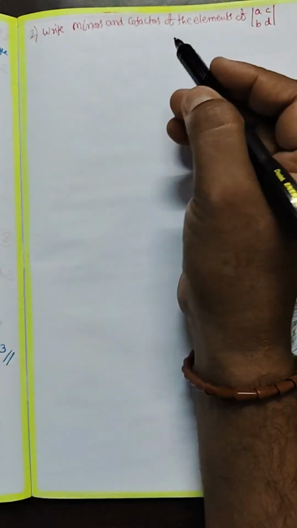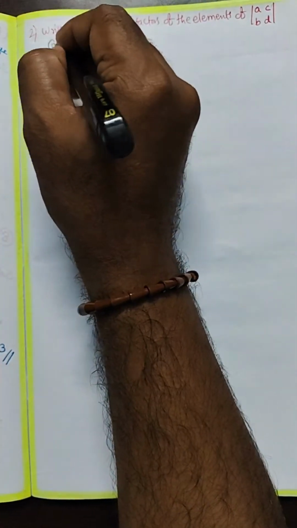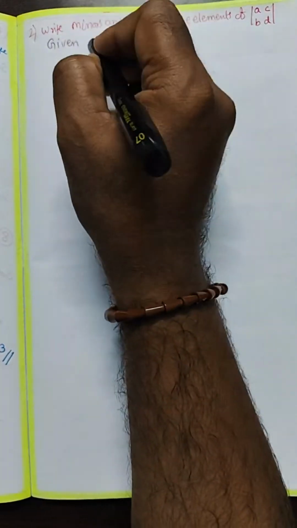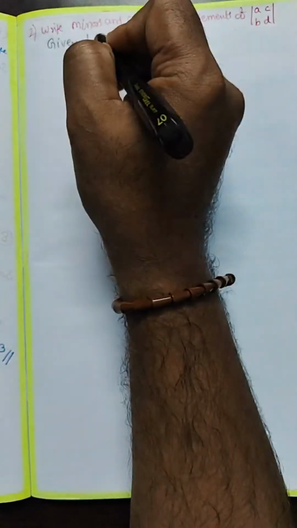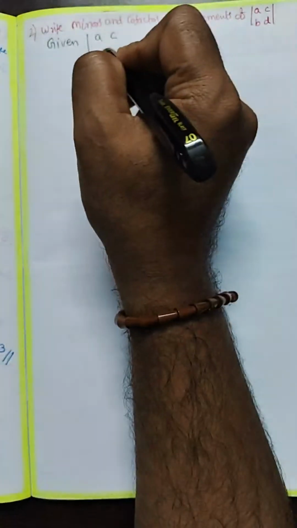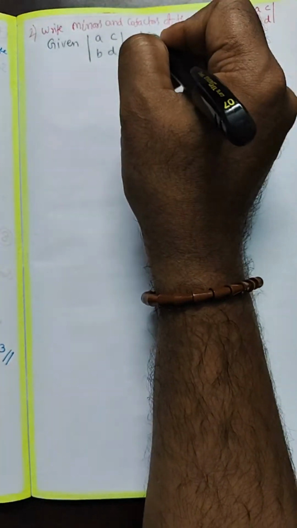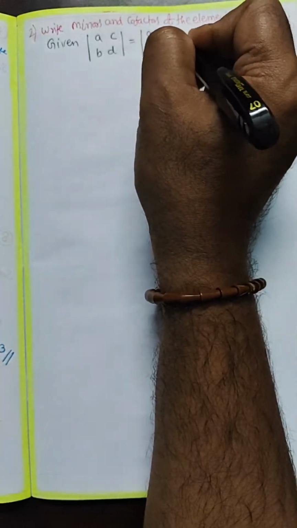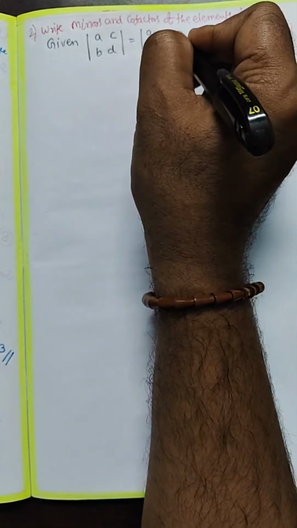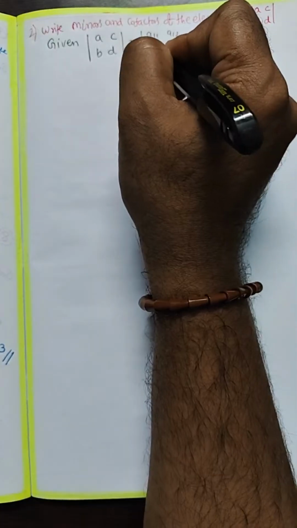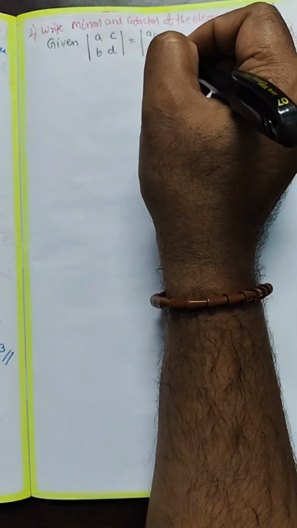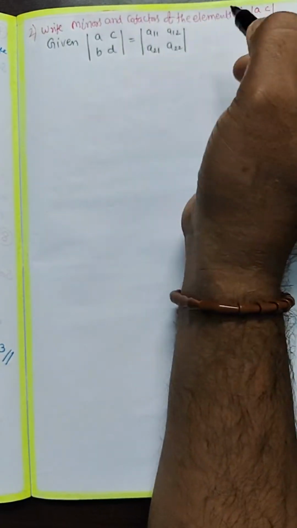First, the given determinant A, C, B, D. Let us consider the elements as A11, A12: first row first column, first row second column, A21, A22: second row first column, second row second column.